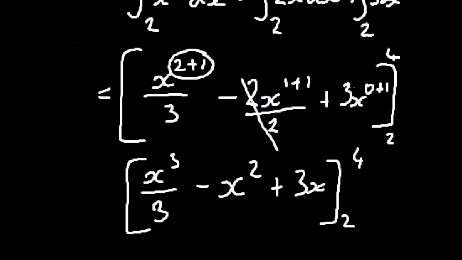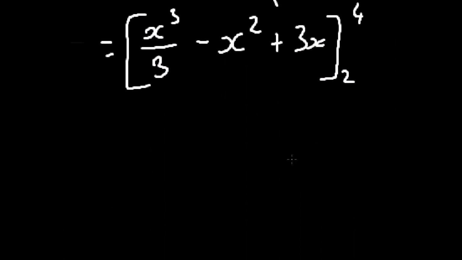Okay, so to solve this, what we do is it's the top minus the bottom. So we're going to substitute that for everywhere that we see an x, and then minus the whole thing, and then substitute the 2 everywhere that we see that 2.